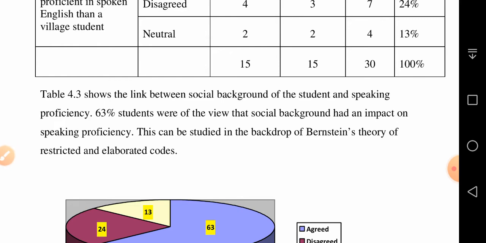Bernstein is an anthropologist and sociologist. He says that people who are poor, their code is restricted. I mean, they don't have much vocabulary. So poor background or rustic background does have an effect on your speaking or language development.